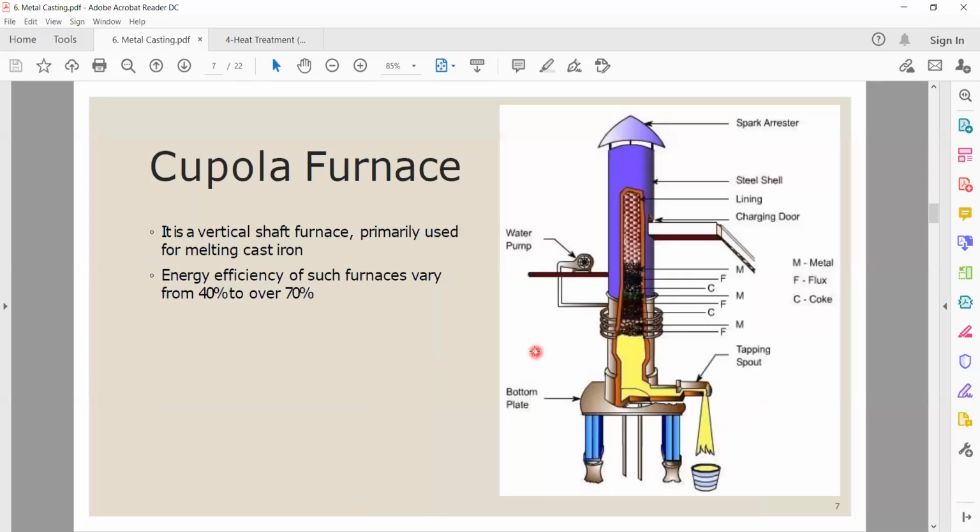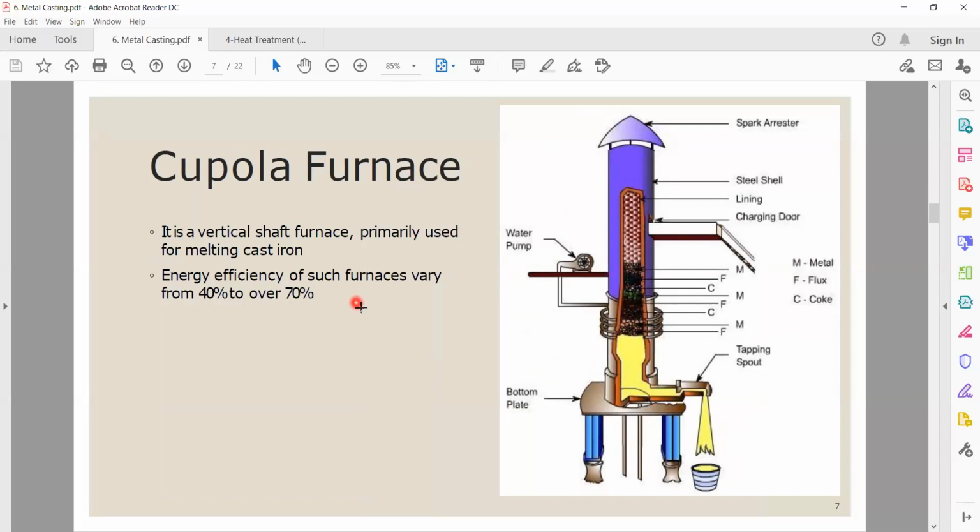But in the case of cupola furnace, you can see this is the sketch of a cupola furnace. When you compare this cupola furnace with the previous crucible furnace, you can use this furnace for the melting of cast iron, right?